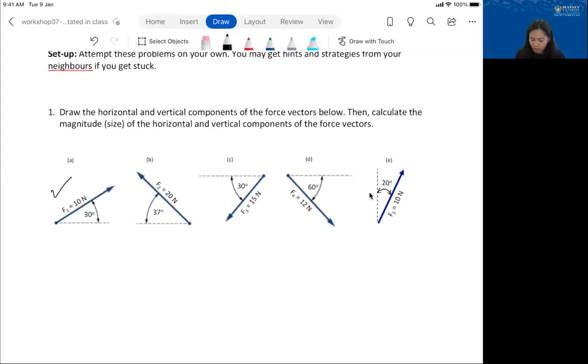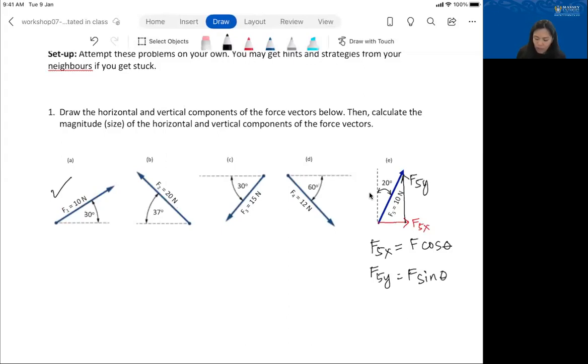So for the last one, for our equation to work, F5x is F cosine theta, and F5y is F sine theta. For the x component to be a cosine function, we should measure the angle relative to the x axis. So say this is the x component F5x, and this is the y component F5y.